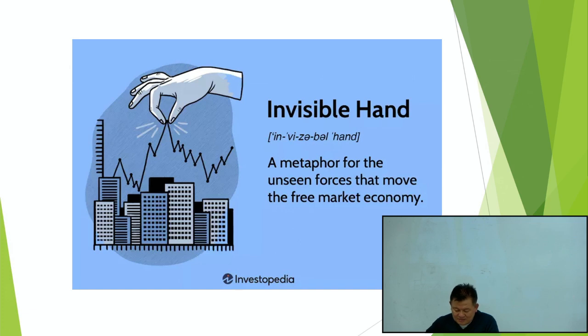The term invisible hand was first used by Adam Smith. You know Adam Smith? Famous work. The book name is Wealth of Nations. He describes how free markets can motivate individuals. The invisible hand creates the motivation. Motivation includes that I want to buy, so I have to work.